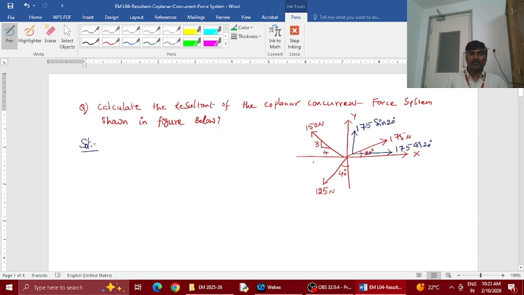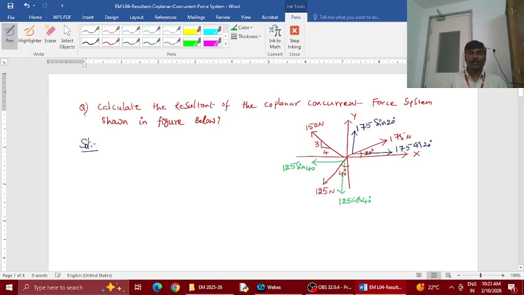Say 125. You see, this is the x component and this is the y component. So this is 125 sin 40, and this is 125 cos 40.